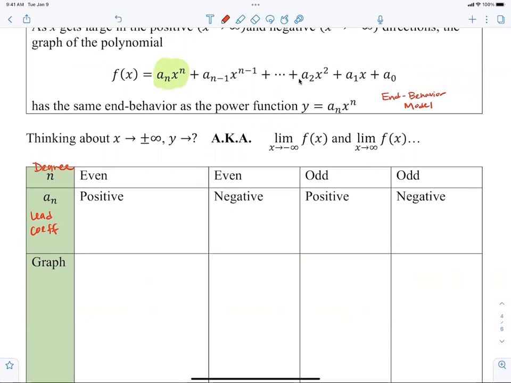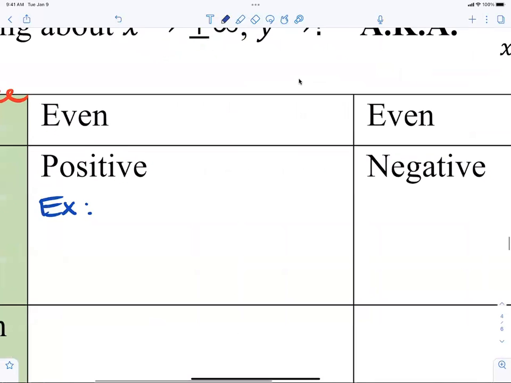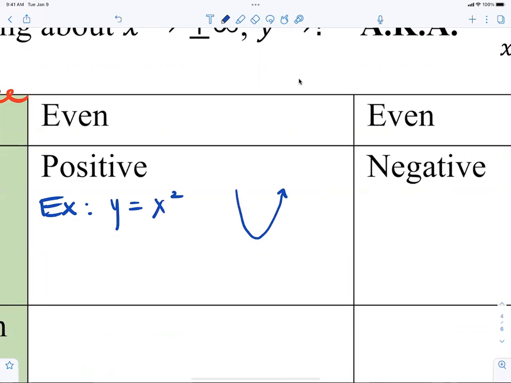If the degree of the polynomial is even and the leading coefficient is positive, an example of a very simple polynomial that has an even degree and a positive leading coefficient would be y equals x squared, which is a parabola that opens up.